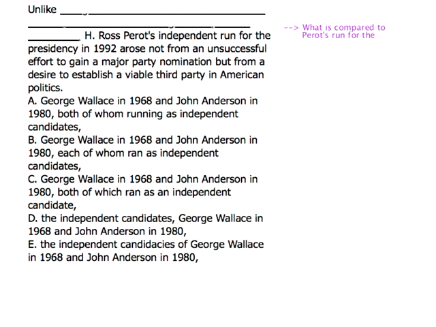If you remember H. Ross Perot, he had very large ears. Yeah, it has to be someone else's run for president. You can't reasonably compare a person to someone else's presidential candidacy. So it's not going to be Wallace and Anderson.